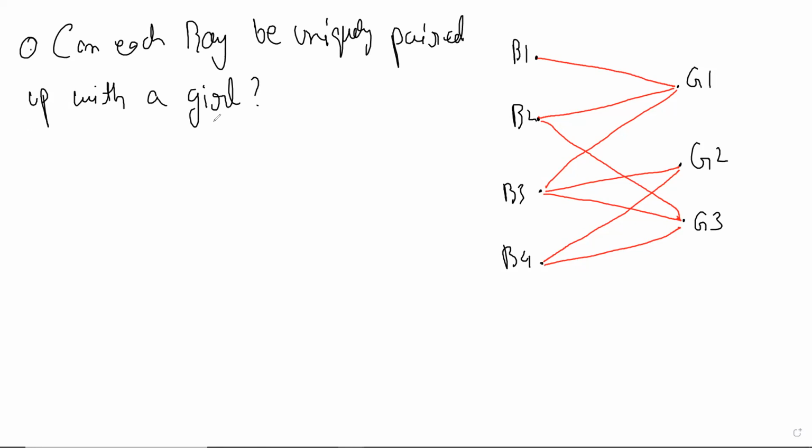In this particular situation, is the question clear? So we want to pair up each boy uniquely with a girl, and we would also want the reverse, which would automatically happen. You can see if this happens at all. Can this be done in this picture?